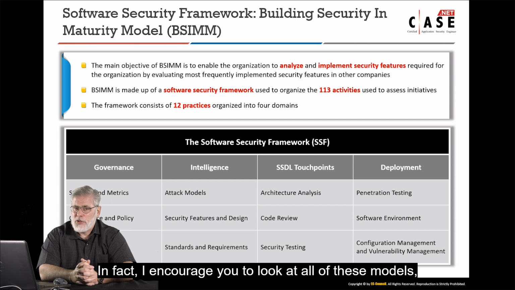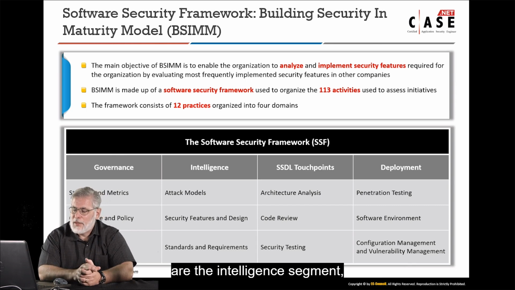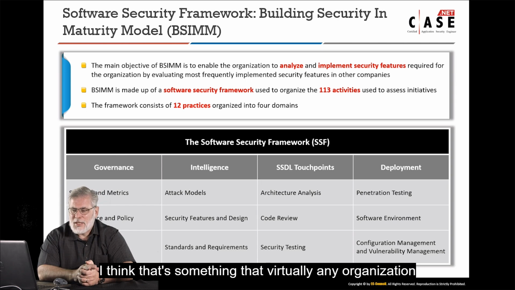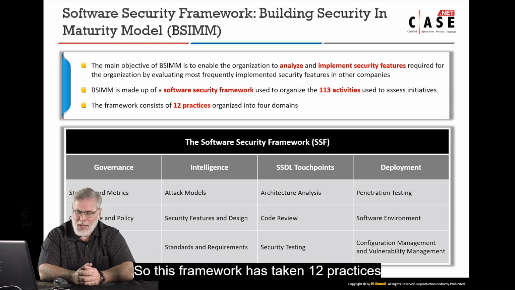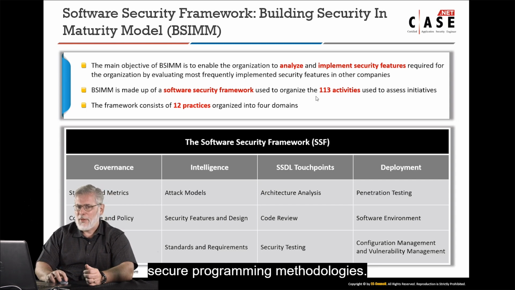In fact, I encourage you to look at all of these models, and for this one here, the two parts that I like most are the intelligence segment and the fact that pen testing is a part of deployment. I think that's something that virtually any organization can benefit from. So this framework has taken 12 practices and organized them into 4 domains, and you can integrate this into your own secure programming methodologies.